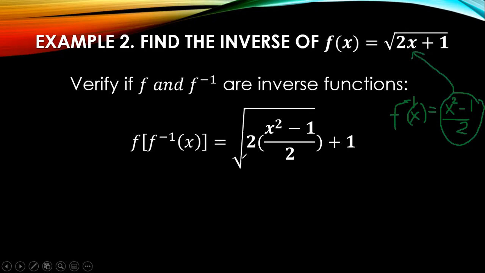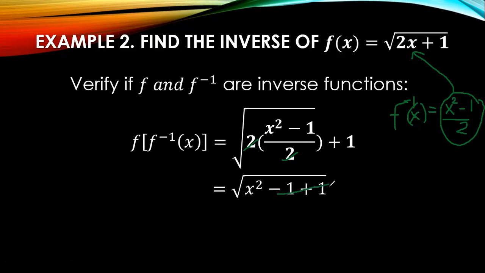So, ang nangyari, square root of 2 times x squared minus 1 over 2 plus 1, cancel out si 2. Ang matitira dyan ay x squared minus 1 plus 1, cancel out. Negative 1 plus 1, that is 0. So, ang natira ulit, square root of x squared, and that will be equal to x.